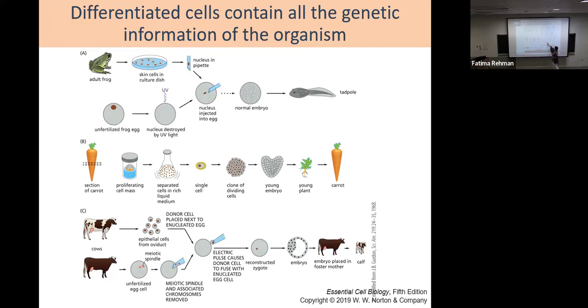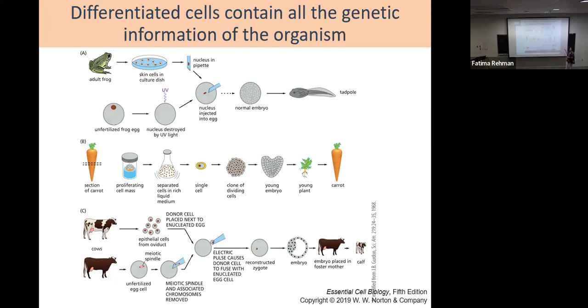So they did the same thing. They separated these cells in some liquid medium, so they had a suspension. They then took individual cells and plated them to examine if they were able to create a fully functional plant, essentially. And what they found was they could get, just from a single cell, a clone where you would get a young plant eventually and a carrot, just like normal.